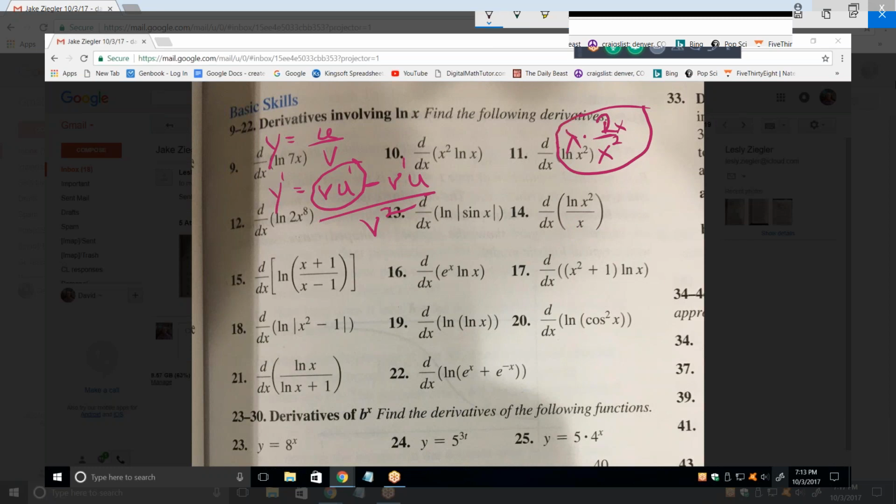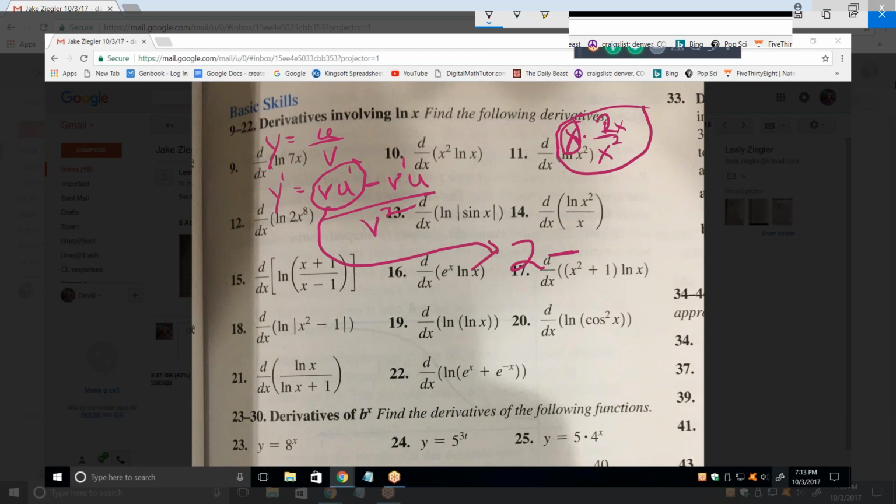That's the bottom, times the derivative of the top, which is 1 over x squared, times the derivative of the inside, which is 2x. So I get x times 2x all over x squared, that's equal to 2.